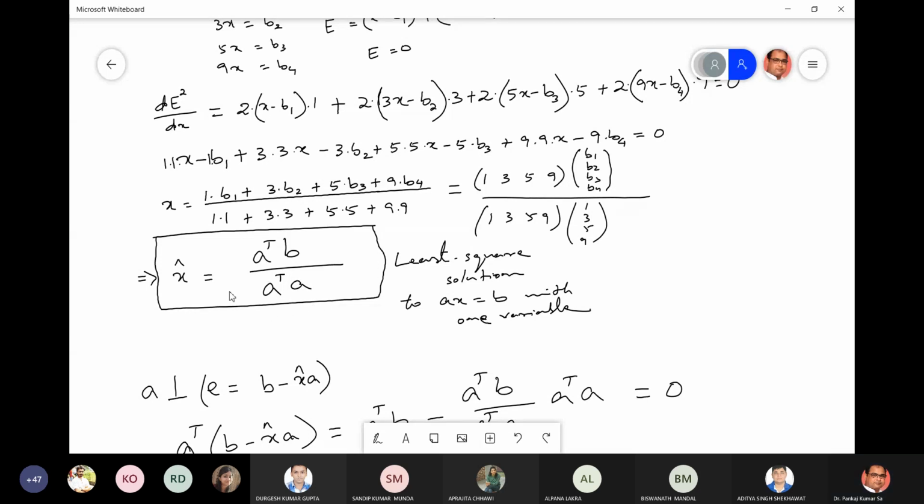Now this has a resemblance with what we saw in our previous class, that is the projection of B onto A. That is what we found out here.